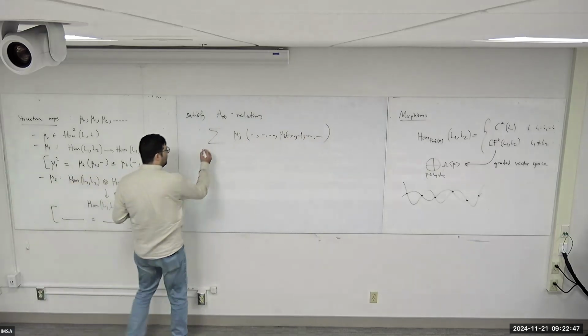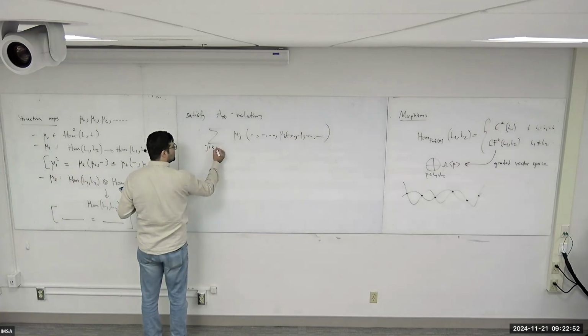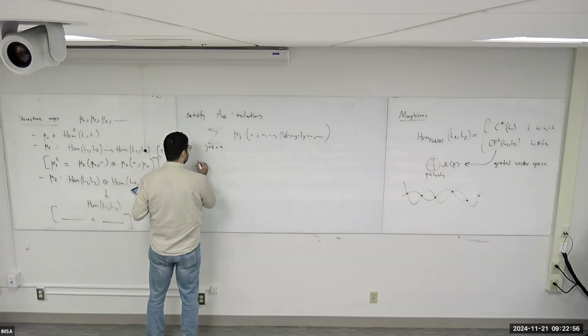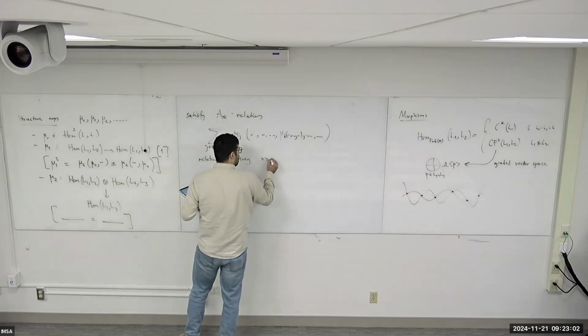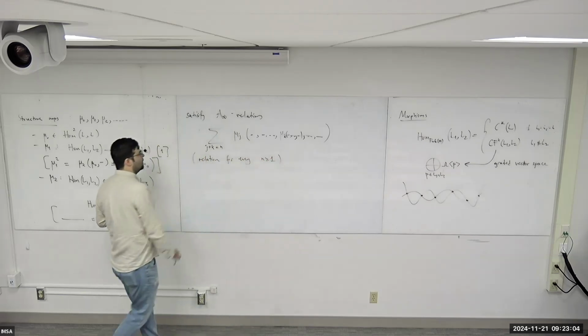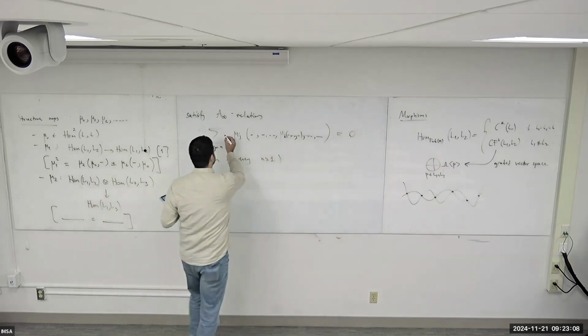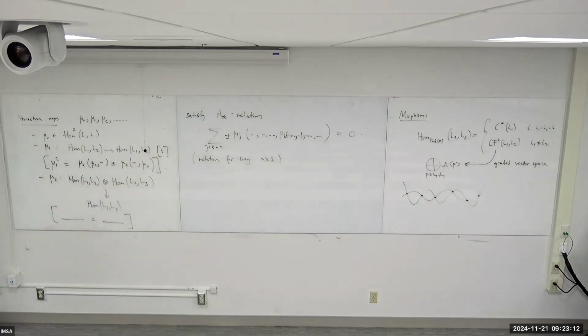This is a sum over all j plus k equals, let's say, n. So I get a relation for every n, and this is supposed to be equal to 0. And there are signs. What I wrote here is the case where n equals 2.